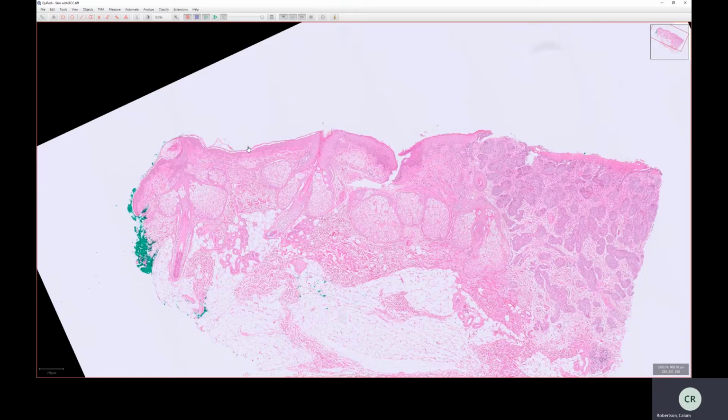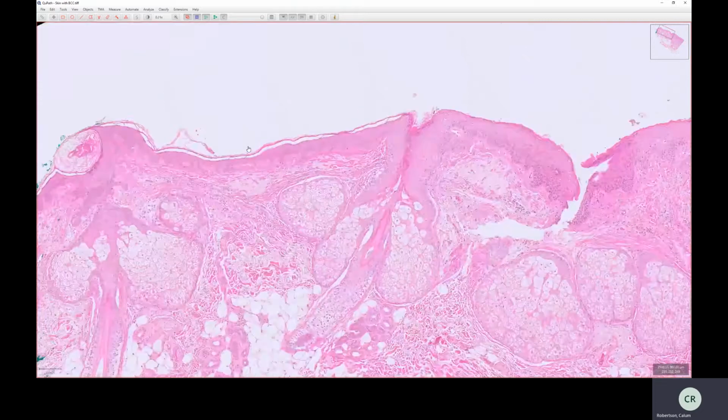Now, skin can look a wee bit different histologically depending on where you are in the body. Acral skin, for example, like the skin on the soles of the feet or the hands, can be a lot thicker. It has to deal with a lot more mechanical pressure, and consequently, it's adapted to be a bit thicker.